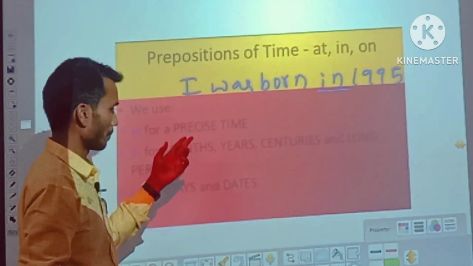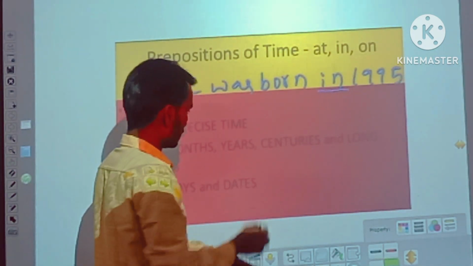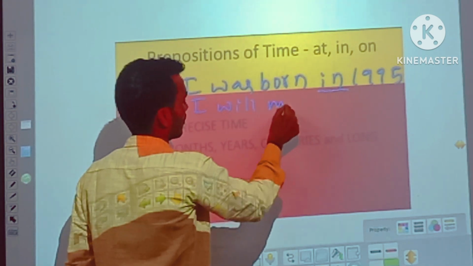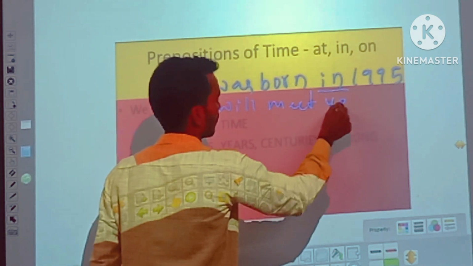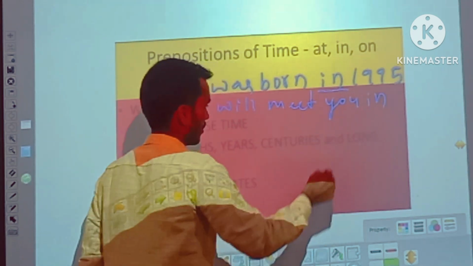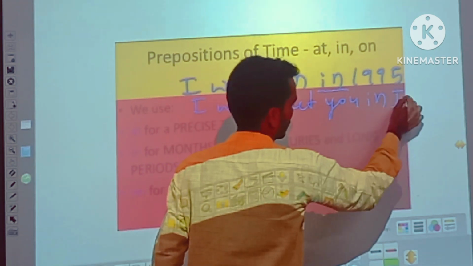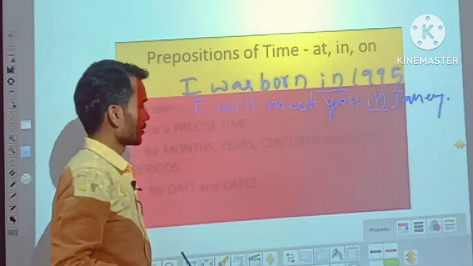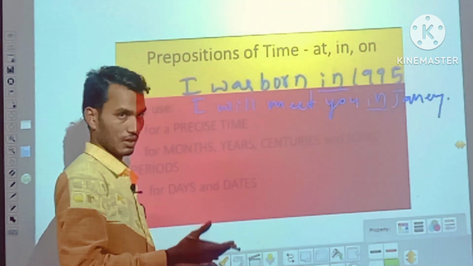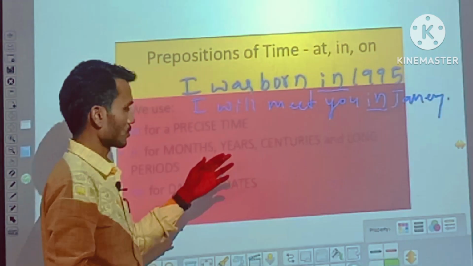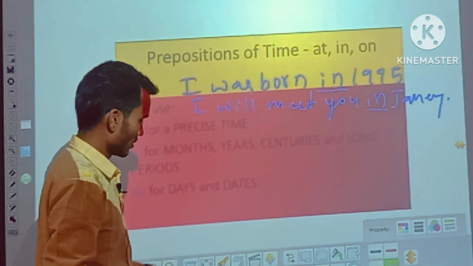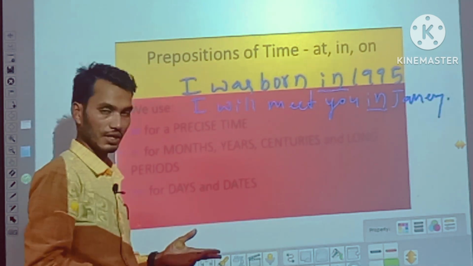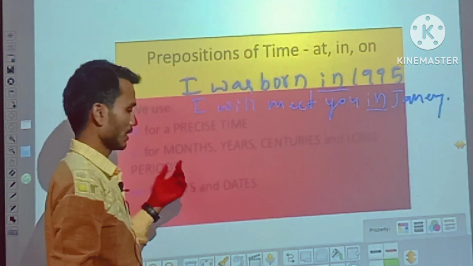When we are going to tell months, for example, I will meet you in January, right? Here, when we are going to tell the specific name of a month, we should use in, right? Then we should use in when we are going to tell centuries, long periods, right? So there also we should use in, right?